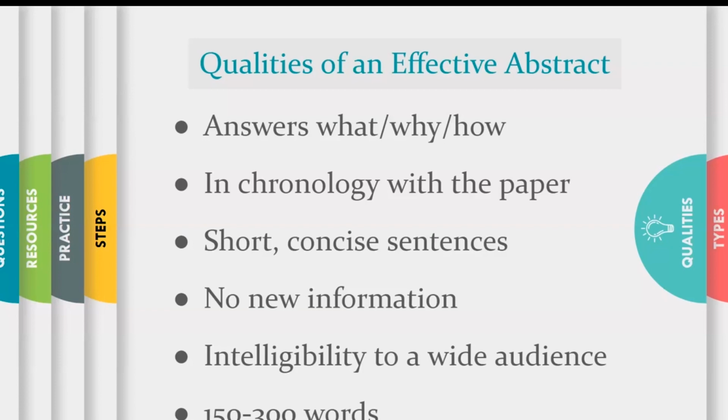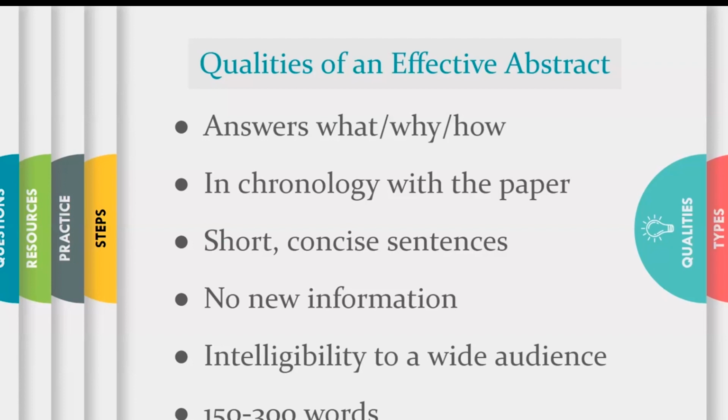So that's a very important point. It will have a chronology with the paper. The way you discover the whole journey in the paper, your abstract, those 8 to 10 sentences, will have the same chronology. It will mention the background, it will talk about the method, it will talk about the findings or results, it will argue how the research objective was accomplished.